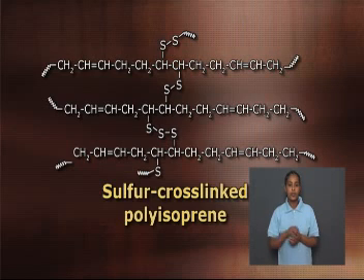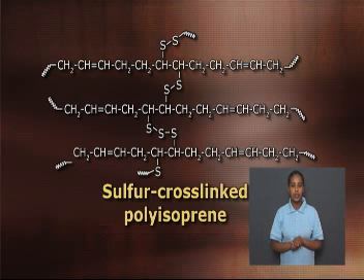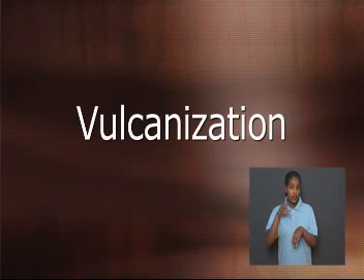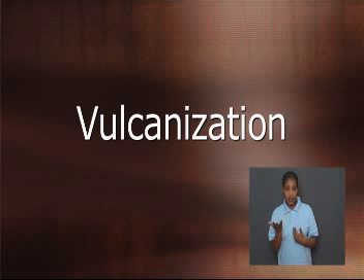The rubber becomes harder and can extend less. The properties of the rubber are fundamentally altered. This process is called vulcanization. Once rubber has been vulcanized, it ceases being a thermoplastic and becomes a thermoset.